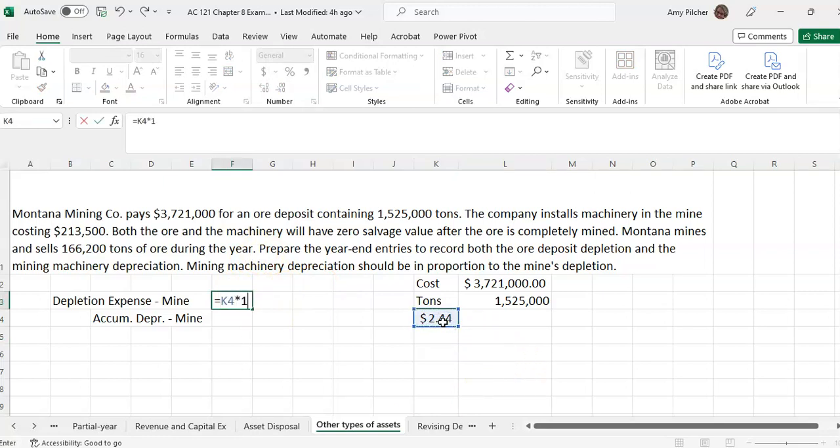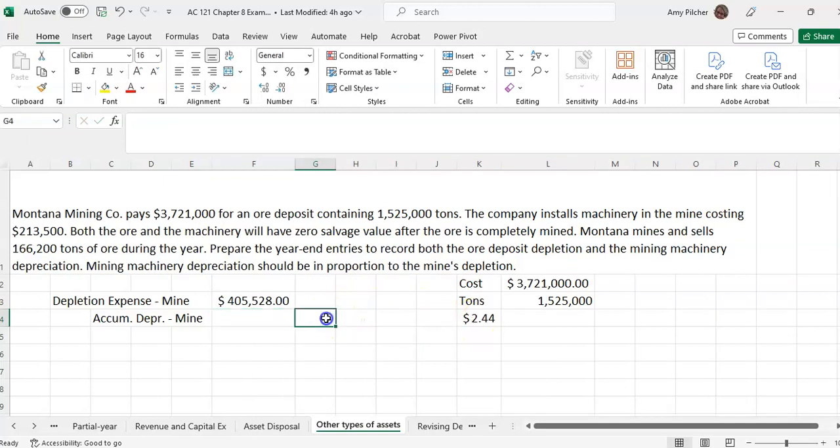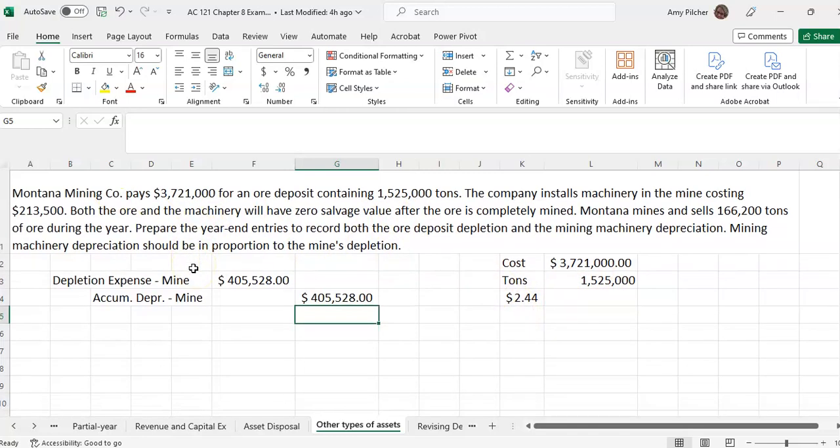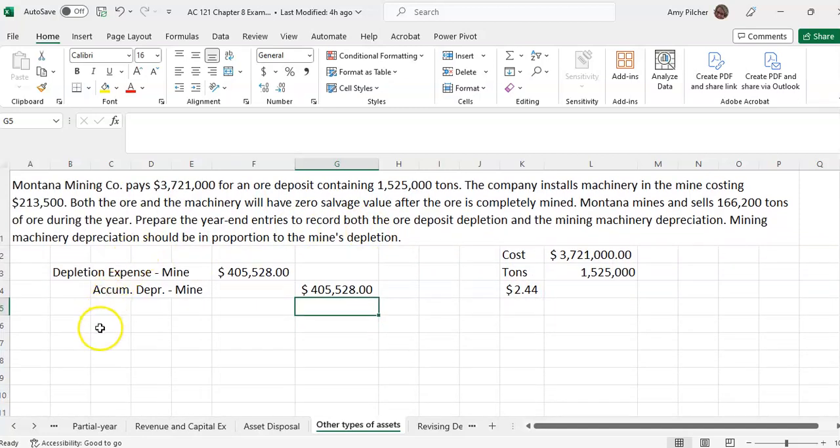We took 166,200 tons out of the mine for a total cost of $405,528. So the accumulated depletion on the mine is reflective of how much we took out of it with the 166,200 tons.